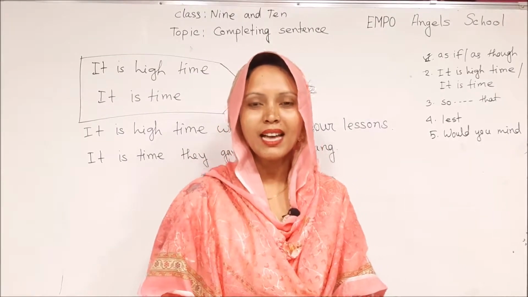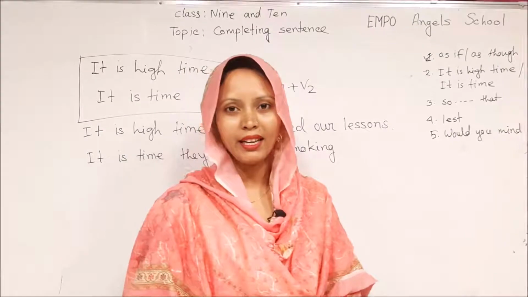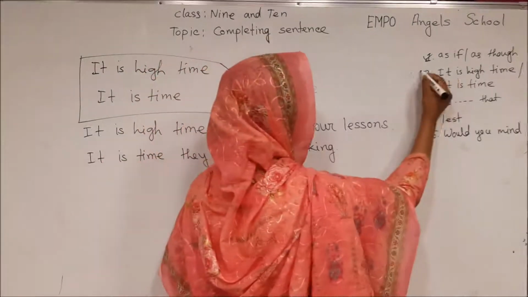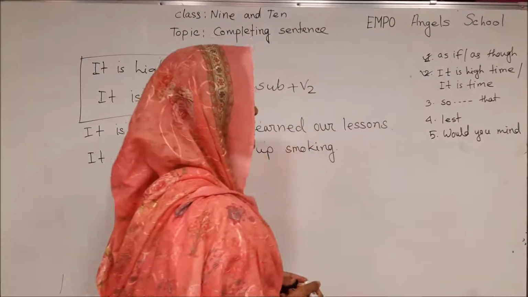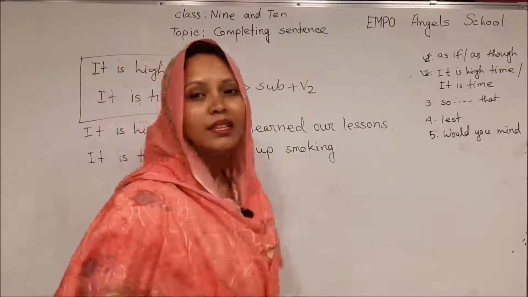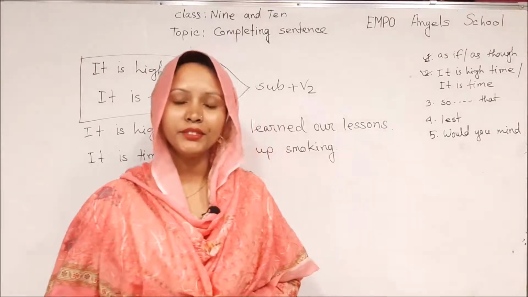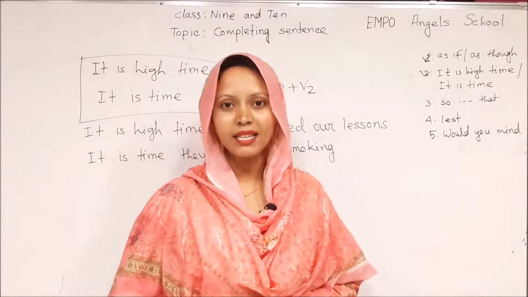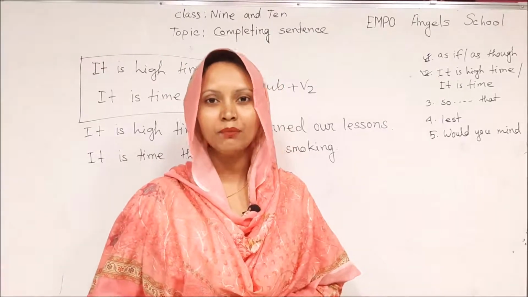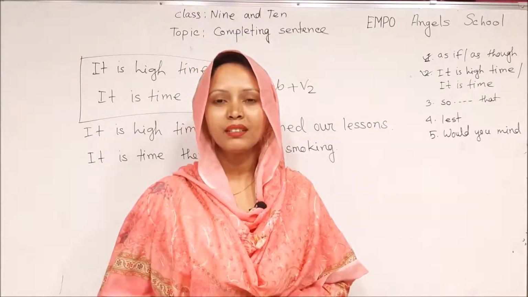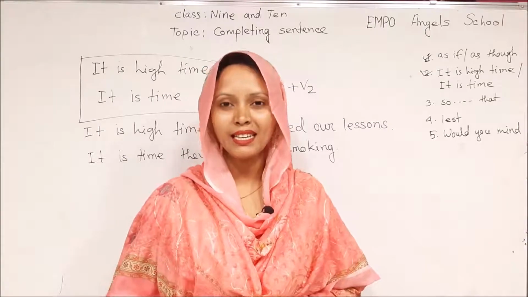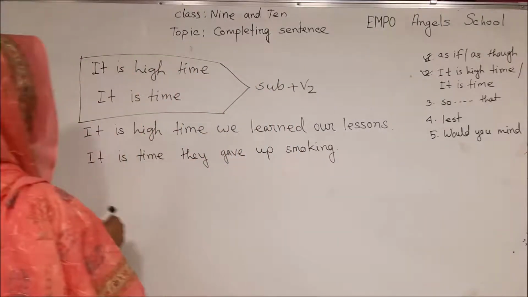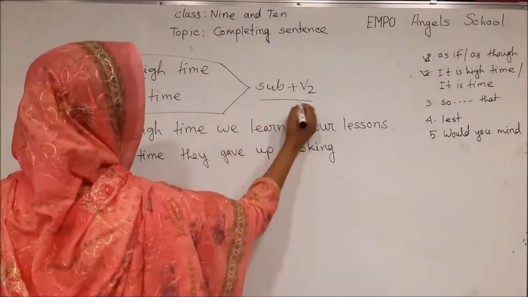Dear students, our second rule is it is high time or it is time. Dear students, if you have a subject after it is high time or it is time, then you have to complete the sentence following these structures.